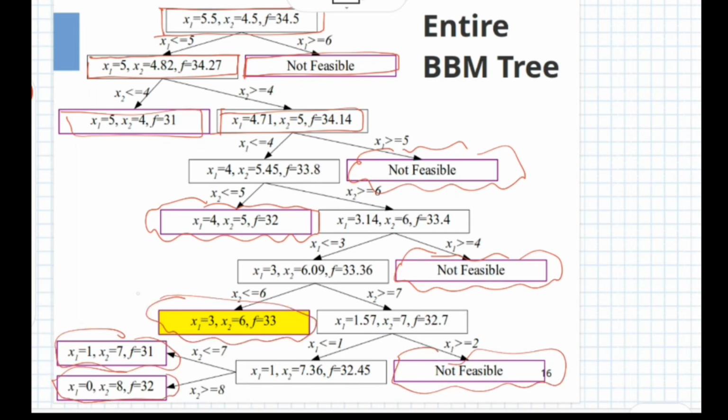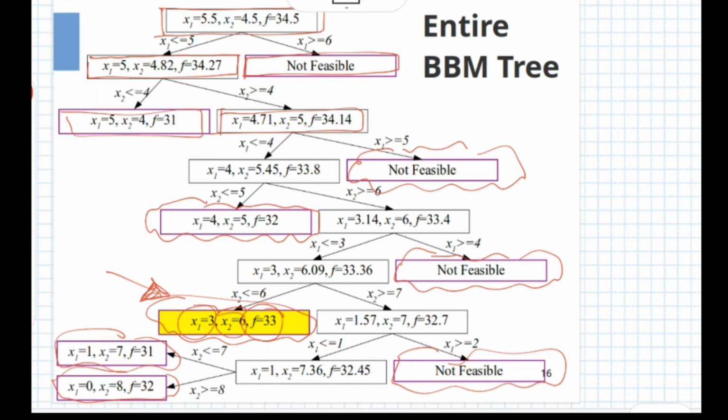Out of these fathom nodes, this particular node corresponding to x1 equal to 3 and x2 equal to 6 has got a function value which is maximum out of all the fathom nodes.